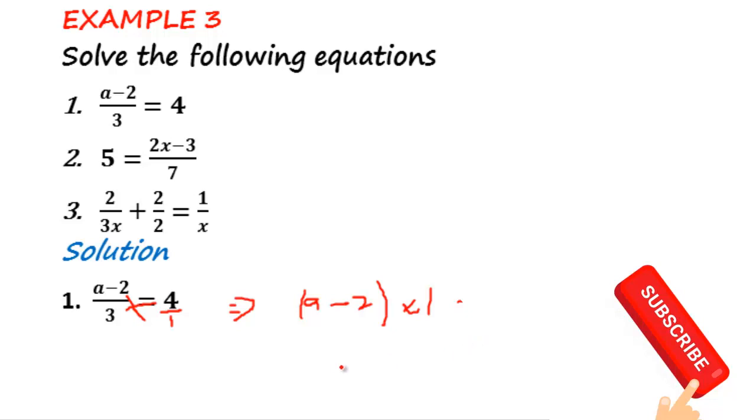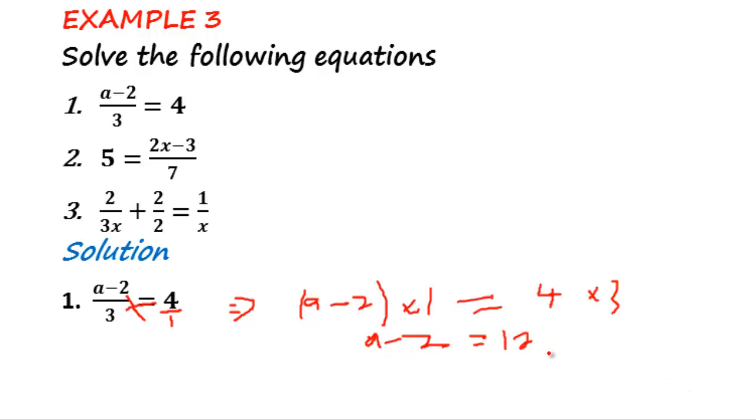When you do that, it's going to be a minus 2 equals 12. Are you getting it now? Carry this minus 2 back to 12, which is 12 plus 2. So a is 14.